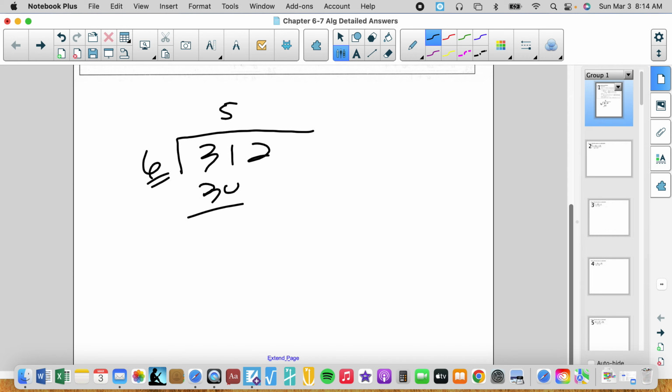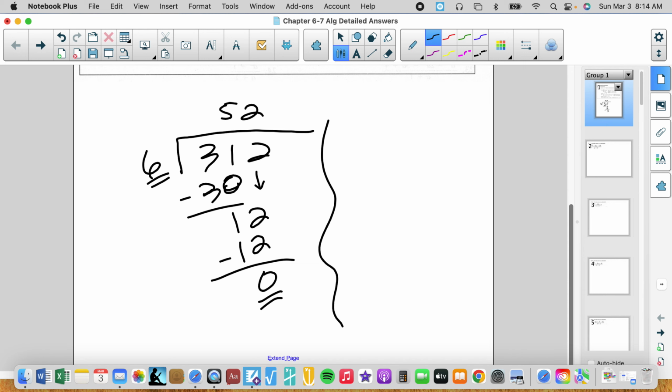We subtract it, so we change the sign, and we get 1, we bring down the 2, and 6 goes into 12 2 times, and we do 2 times 6 is 12, and then we change the sign, and we look for 0. That's the thing that students oftentimes struggle with.